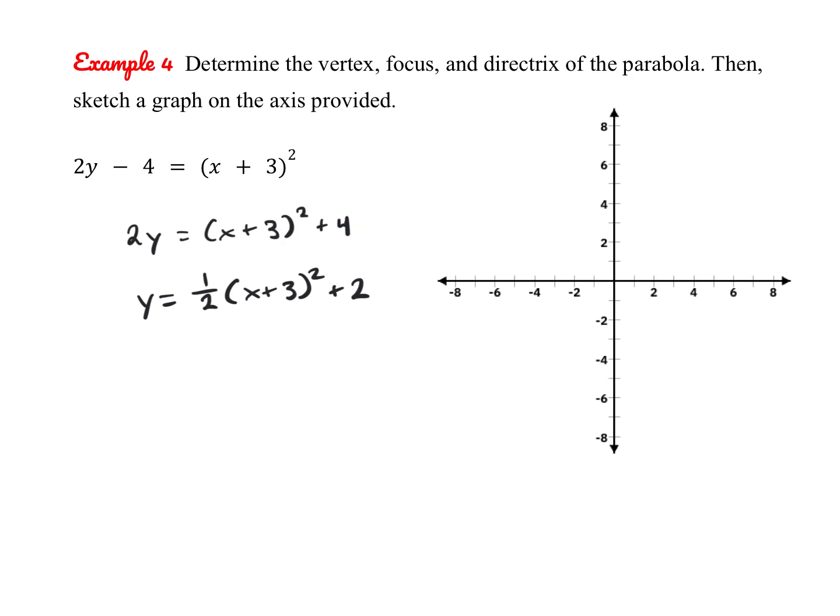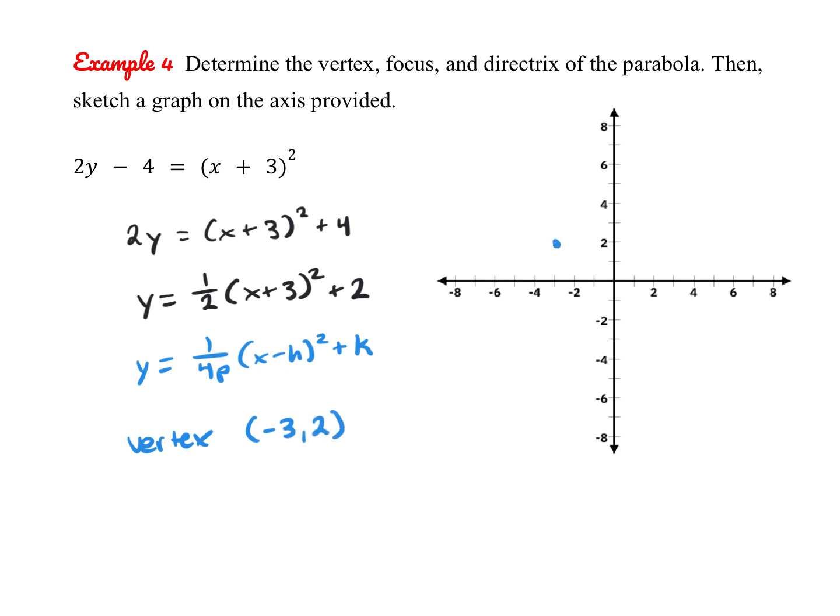So from this, I can look at it and I can determine, well, first, I know that it's going to open up or down because x is being squared. If it's helpful, maybe we actually want to write that general form right underneath, which looked like this, to help us determine the different parts. So first, our vertex is always (h, k), and we're going to do opposite for h in this case, so it's (-3, 2).